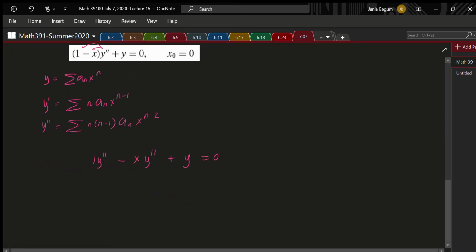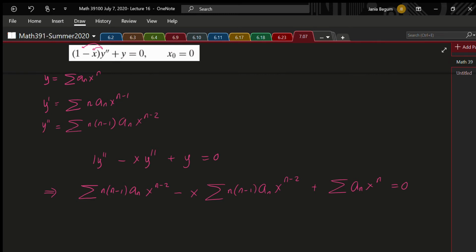So the second derivative is going to be the sum of n times n minus 1, a_n x to the n minus 2, minus x times the sum of n times n minus 1, a_n x to the n minus 2, plus y, which is our assumption, the sum of a_n x to the n, equals 0. Plugging it in, okay? Let me know if you guys have questions, or else I'm just going to keep going.